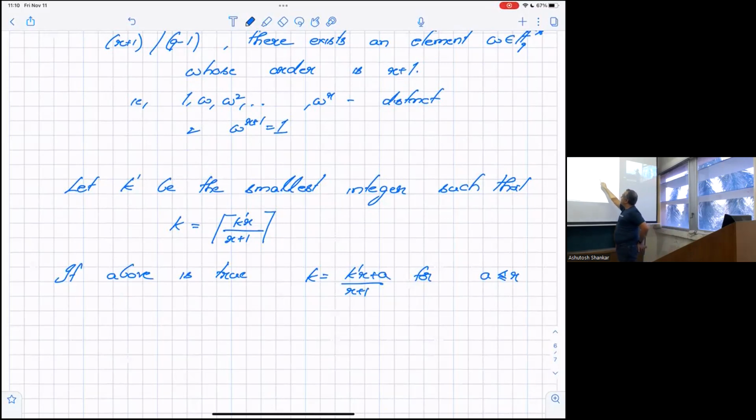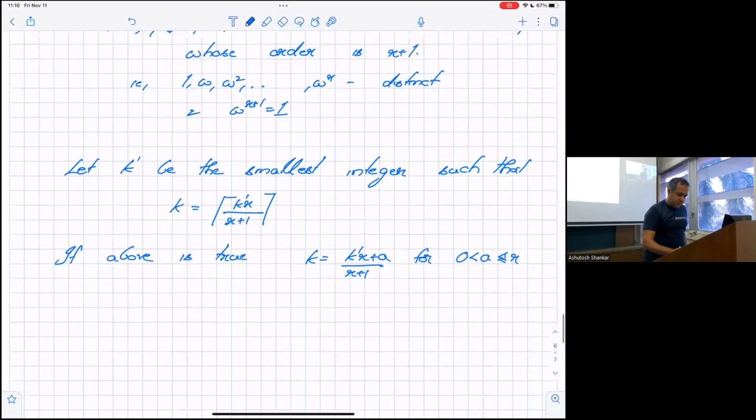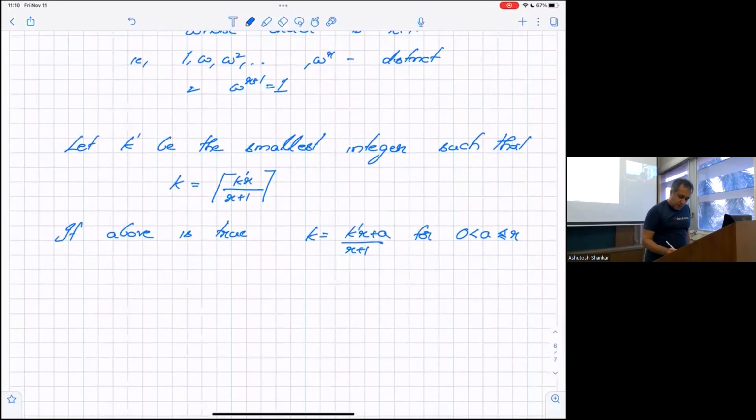A is right now some number between 0 and R. I have claimed A can't be 0, because if A is 0, K prime minus one, which is one smaller, will also have satisfied this property. So all I want to say is that this is true; we have this feature.